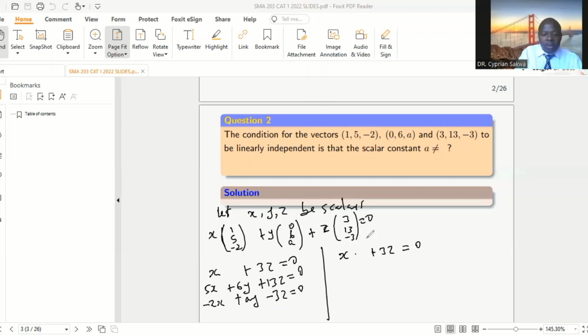So I'm reducing to equal form. Now, multiply the first equation by 5 and subtract the result from the second equation.